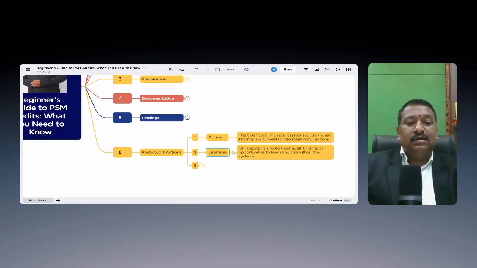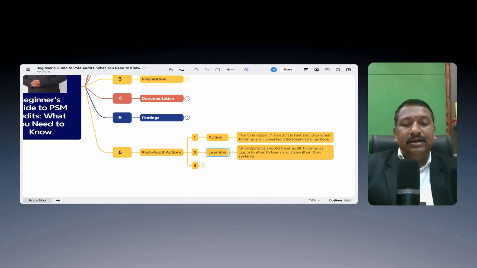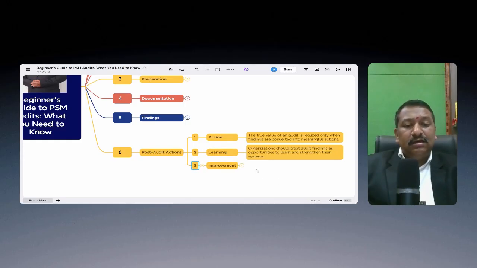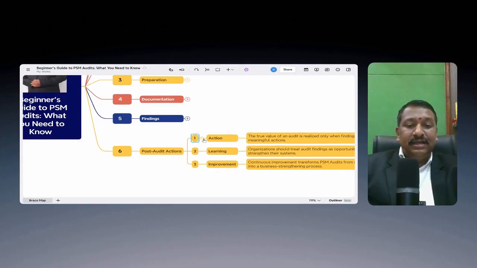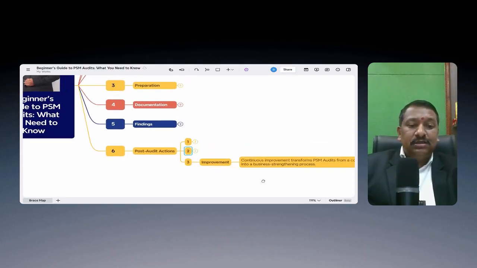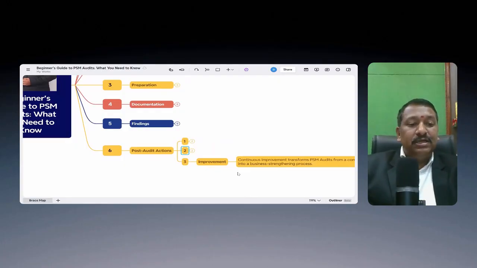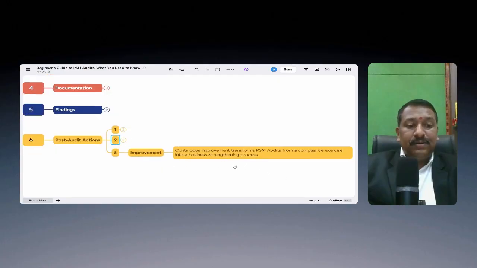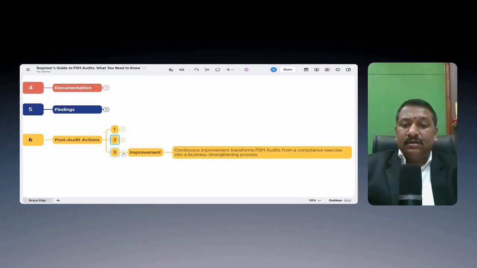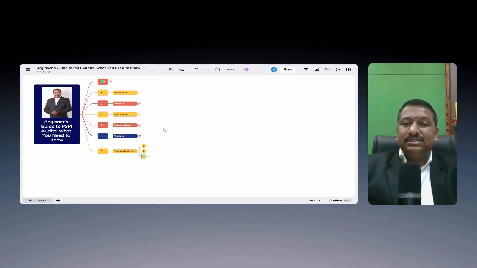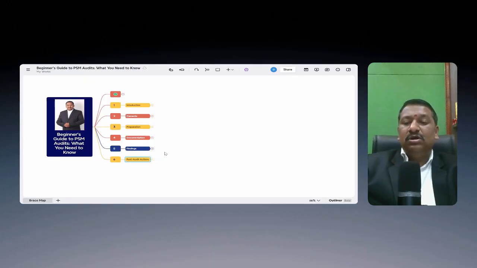Then the learnings: organizations should treat audit findings as opportunities to learn and strengthen their systems so that the actions can be implemented. And then improvement is necessary. Continual improvement is required. Continuous improvement transforms PSM audits from a compliance exercise into a business-strengthening process. So these are the six steps we must follow as a beginner's guide to PSM audits.